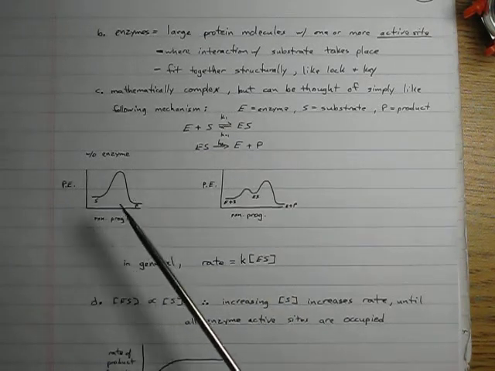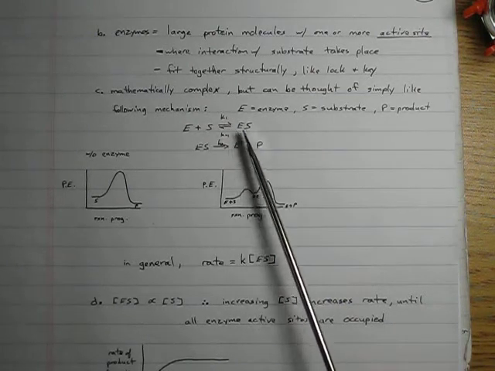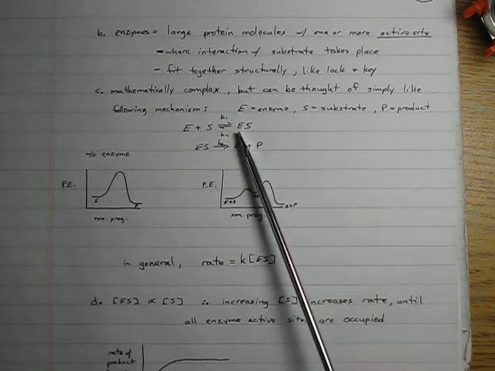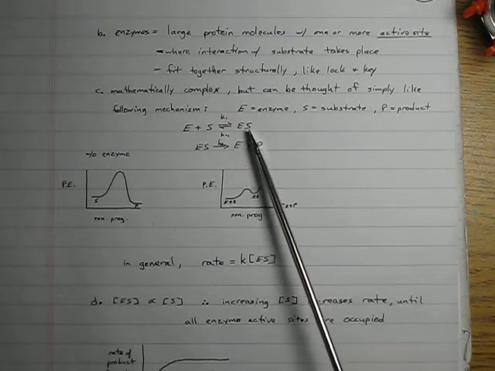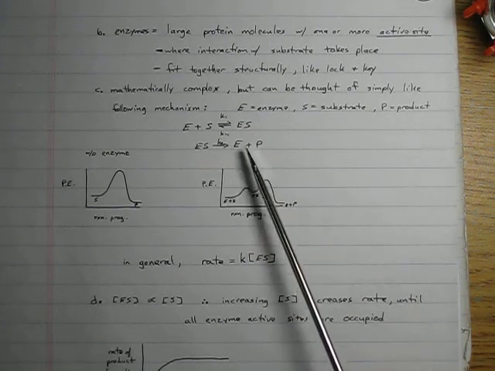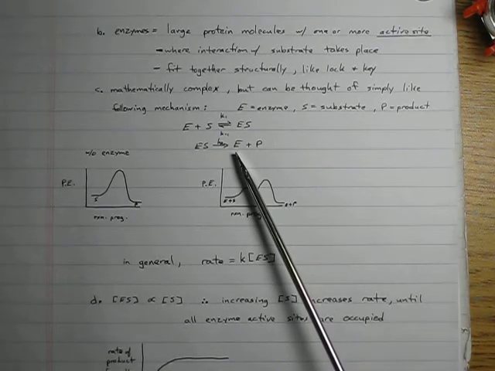So enzyme plus alcohol, alcohol dehydrogenase plus our alcohol, forms this complex where the alcohol is bonded to the alcohol dehydrogenase, and then that breaks up into our acetaldehyde and releases that enzyme again. It's a catalyst.